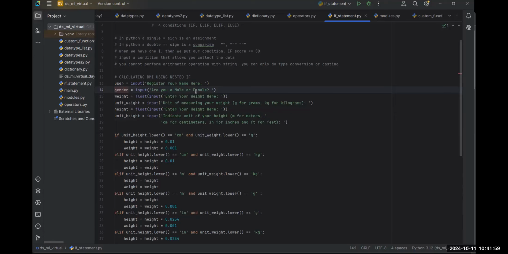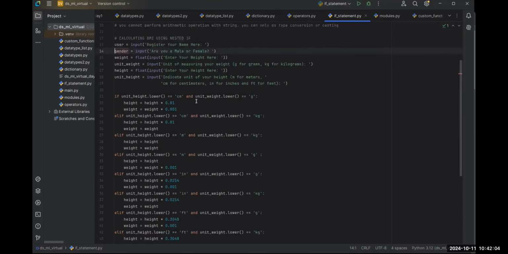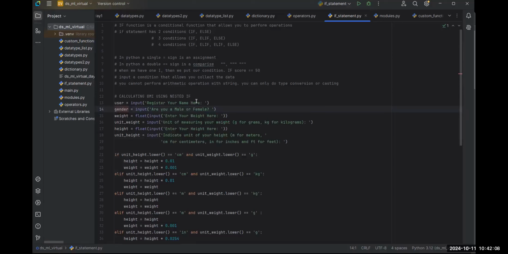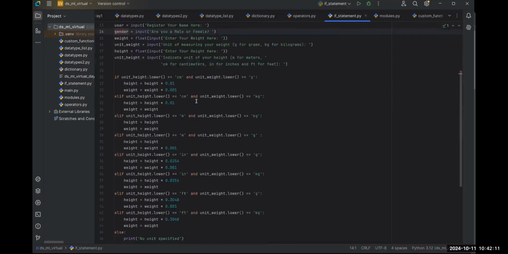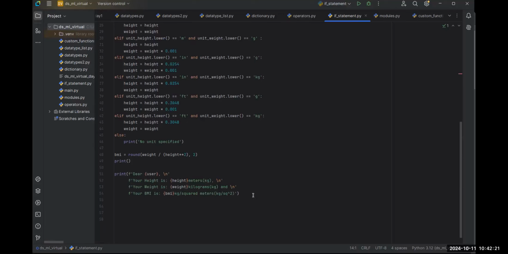And the same way we've written a statement, or a code rather, for our height and weight conversion, is the same way that we're going to write a code for our gender conversions. Okay, now let's go ahead and do that. Let's dive into it.